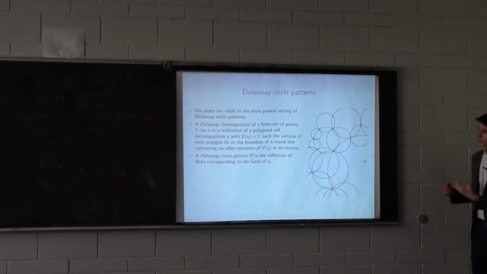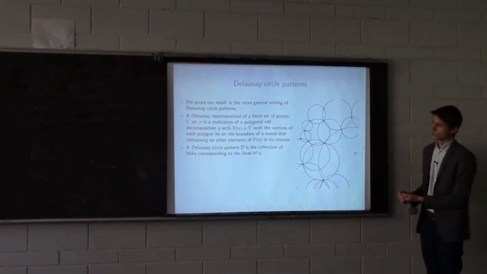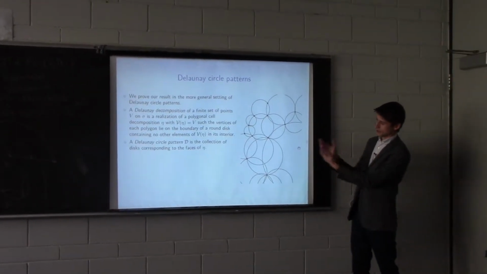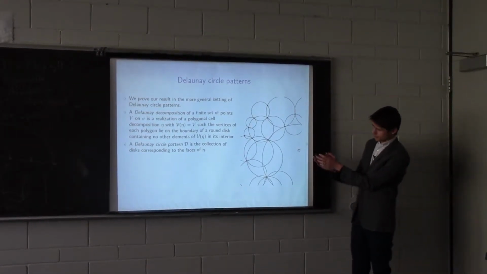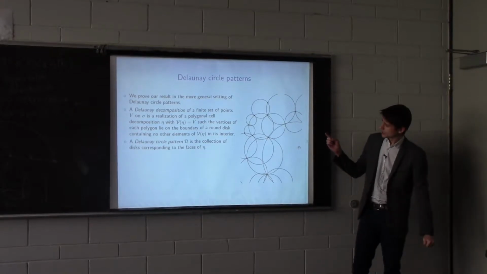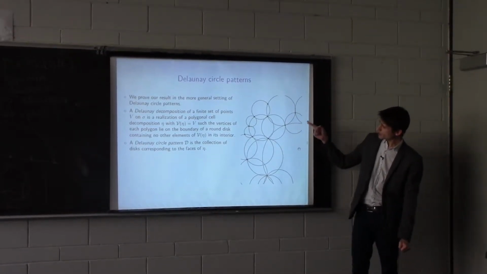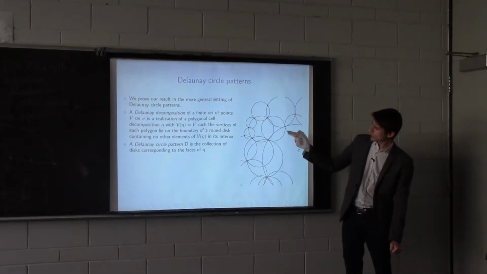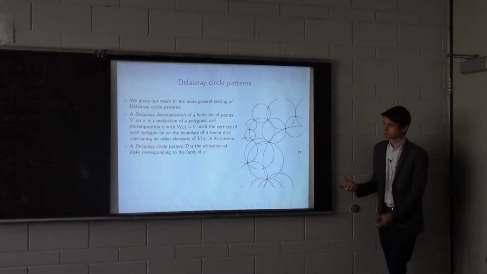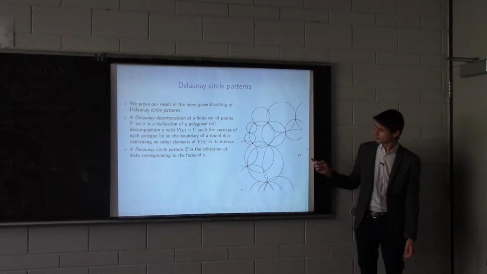So you can define in general what a Delaunay circle pattern is by looking for a collection of disks whose union is the surface, such that the set of intersection points of the boundaries which don't lie in any interior is not empty. It will look kind of like this.